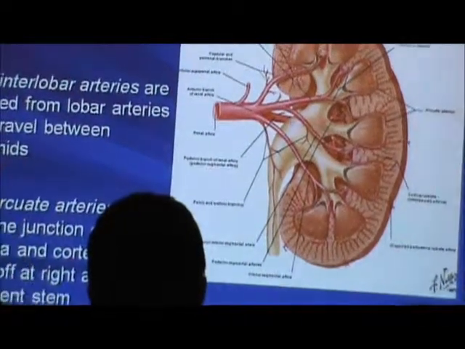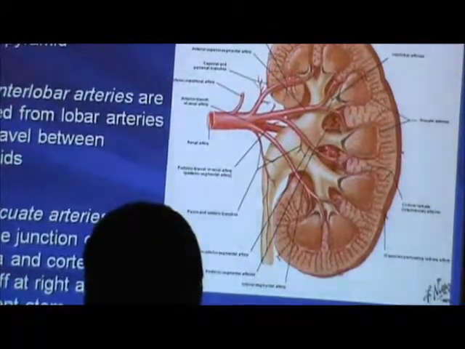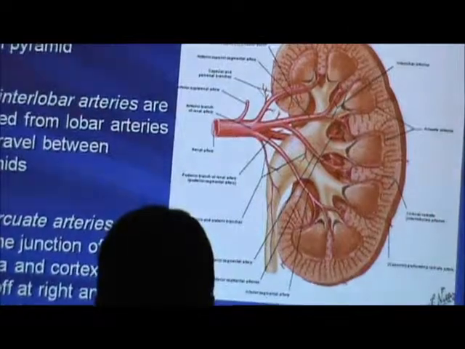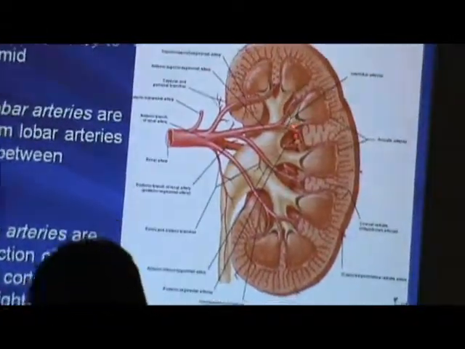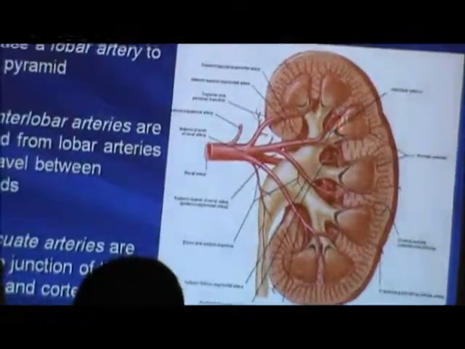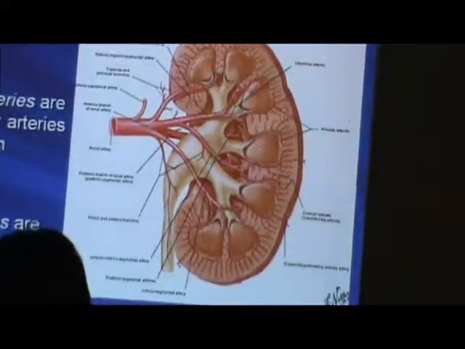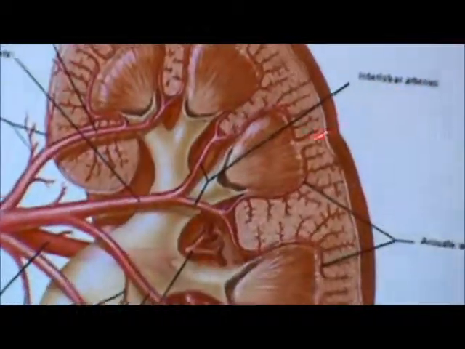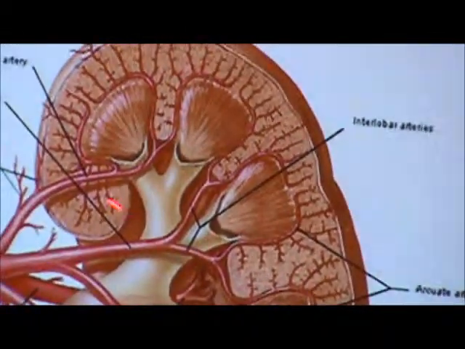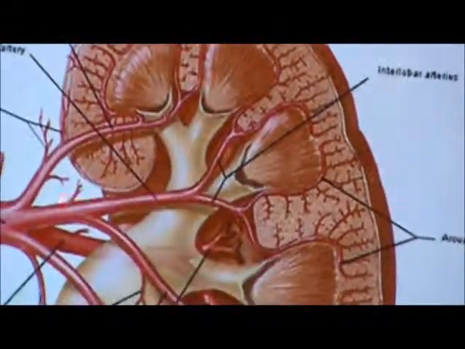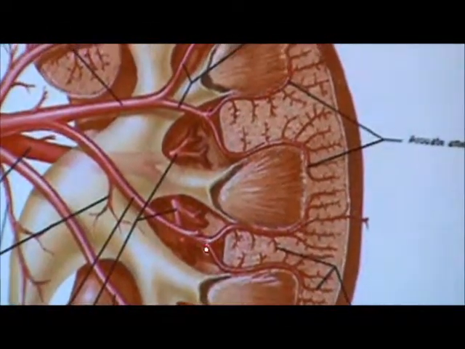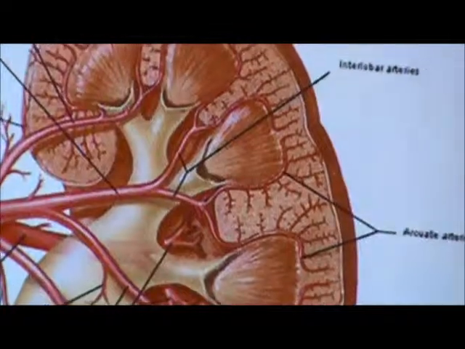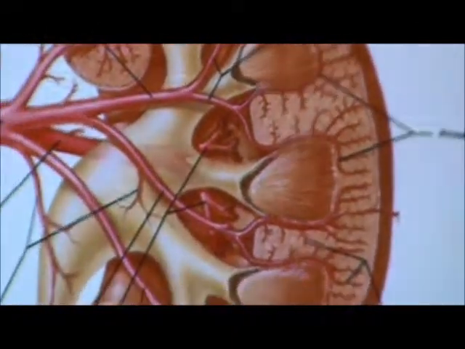Next, the segmental artery provides a lobar artery. And here is the mistake, because this is not the interlobar. This is the lobar. Look, this is the segmental, but this one is a lobar artery. So this is the mistake.